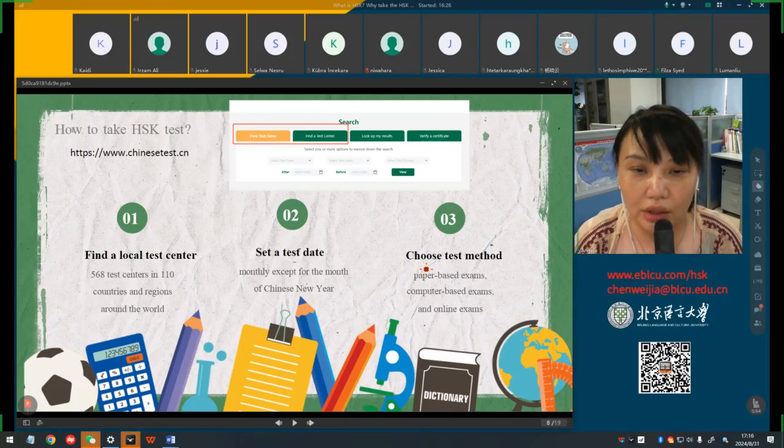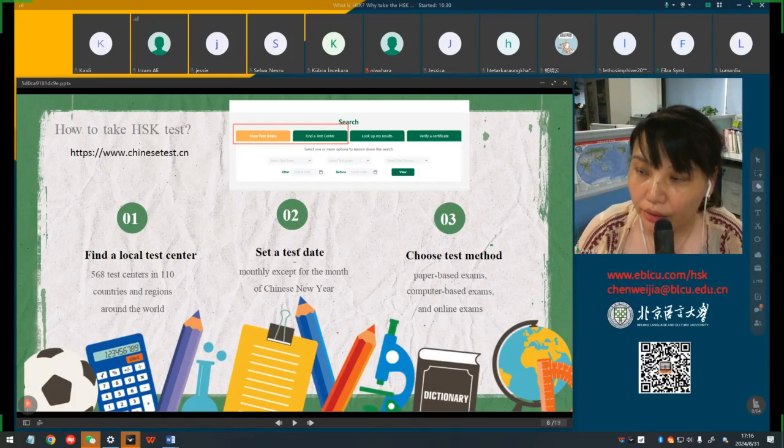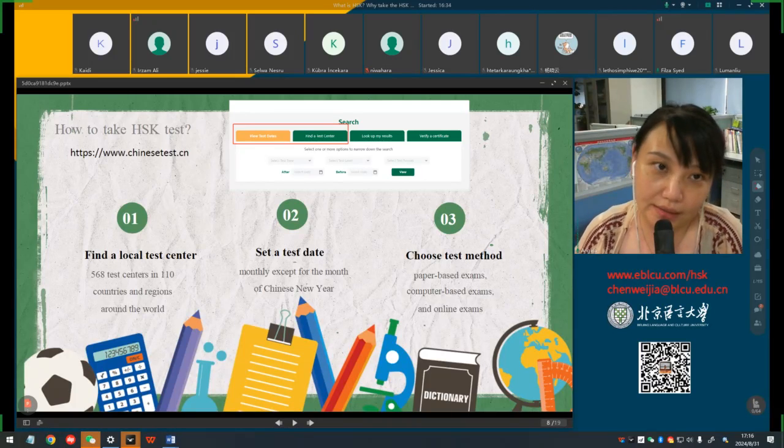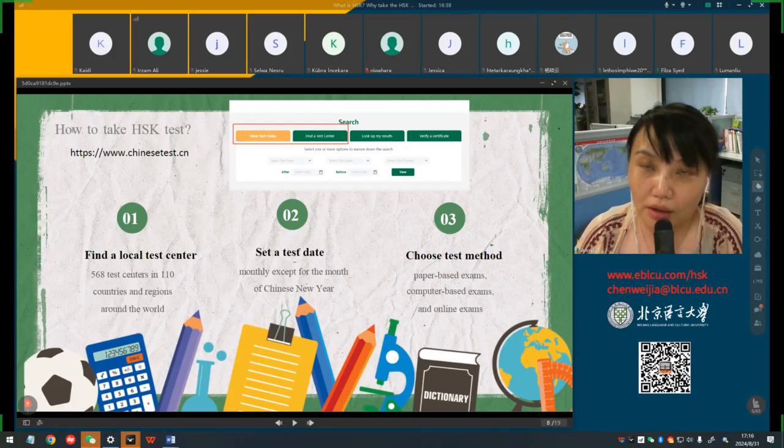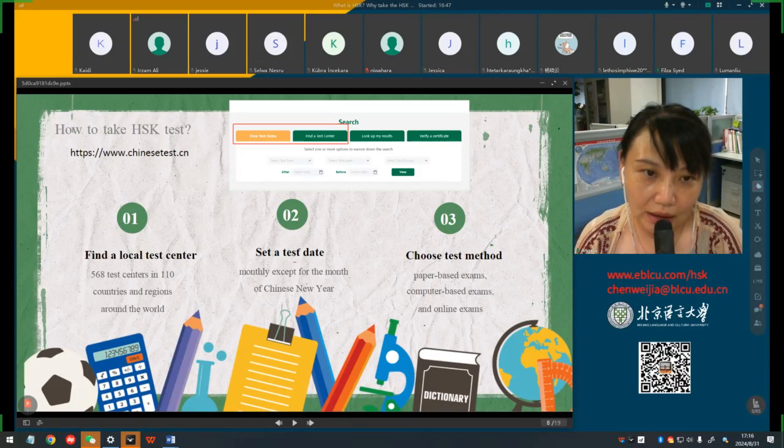And number 3, you need to also choose a test method. So generally speaking, HSK exams are held every month, except for the month of the Chinese New Year, usually maybe January or February. They will stop for 1 month. For the other months of the year, they will hold the exam monthly.